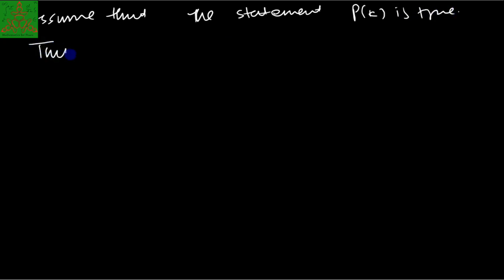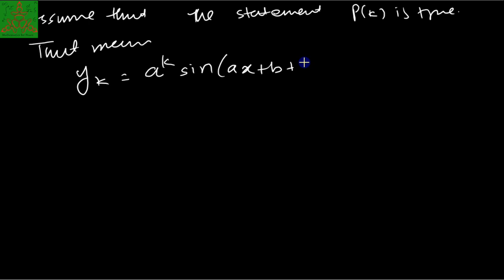That means y_k is a^k sine(ax + b + k pi by 2), for every k in n. Now this is y_k. The next step is to prove the result is true for k plus 1.